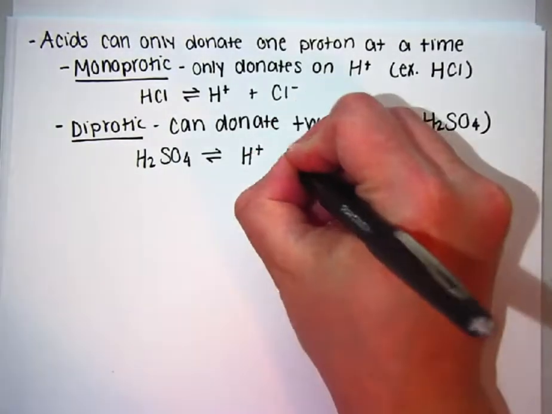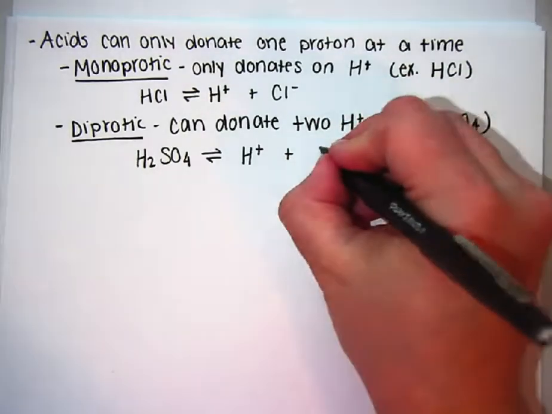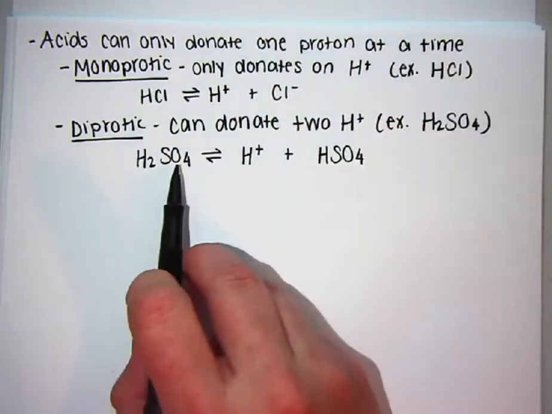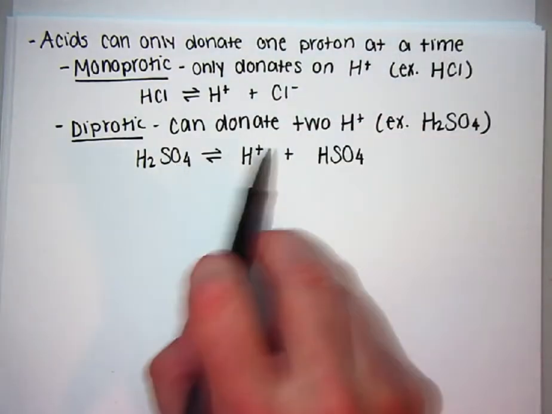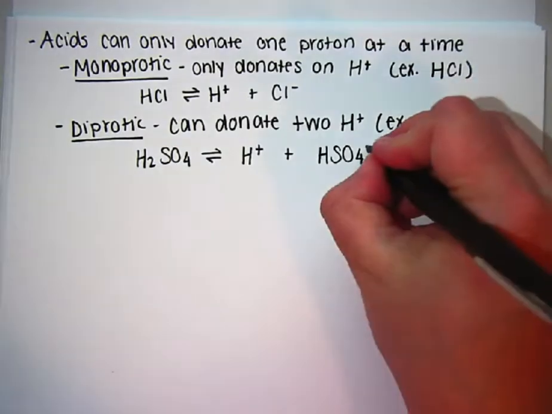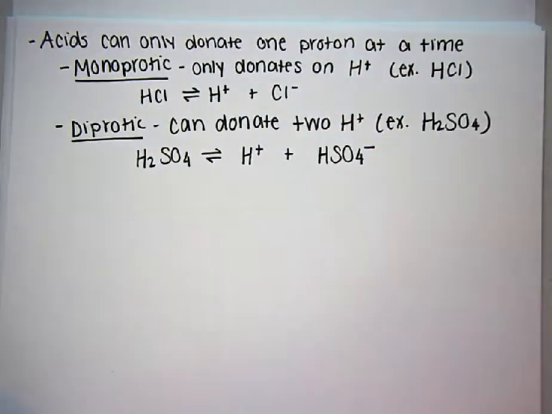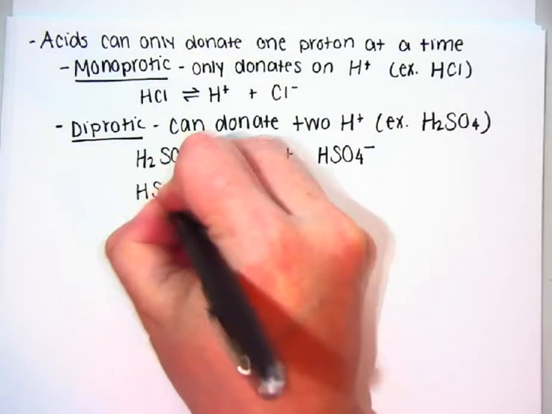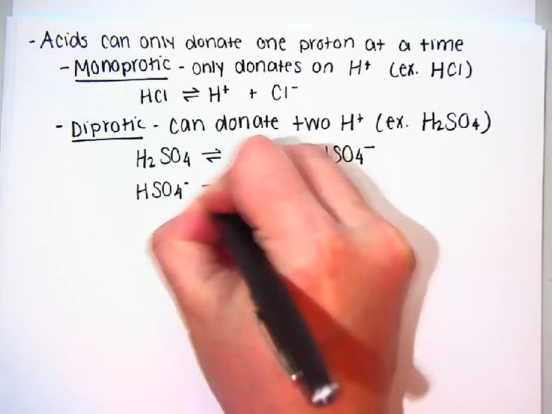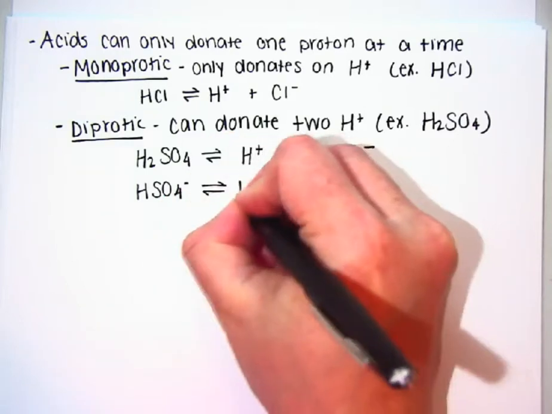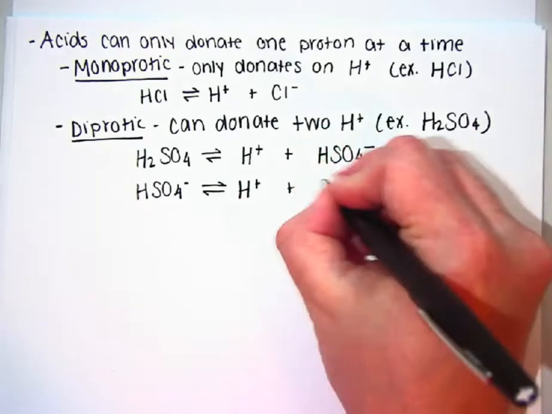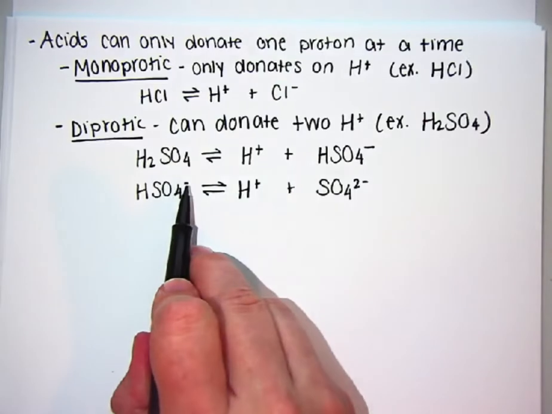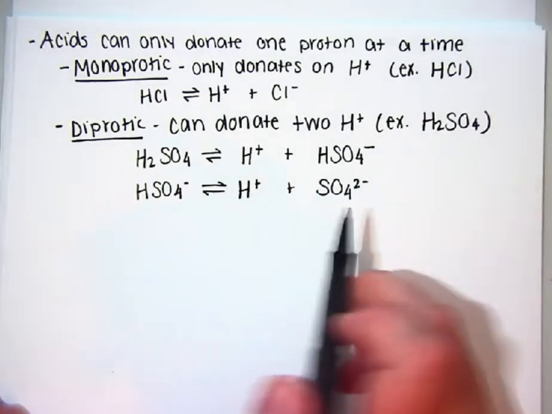So if I pull off that first hydrogen, that leaves me with 1 hydrogen. This compound is neutral. If I take away +1, it's going to be a -1. Now I could lose my second hydrogen. And again, if I remove a +1 charge, it goes down to -2.